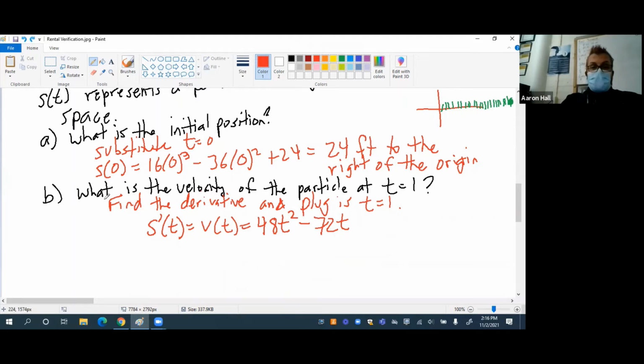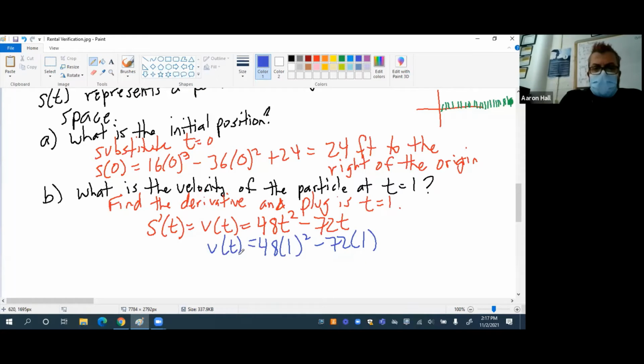All right, so Eleanor's directions were this: find the derivative, which we did, and then plug in t equals 1. So I have 48 times 1 squared minus 32 times 1, which gives me a velocity of what?